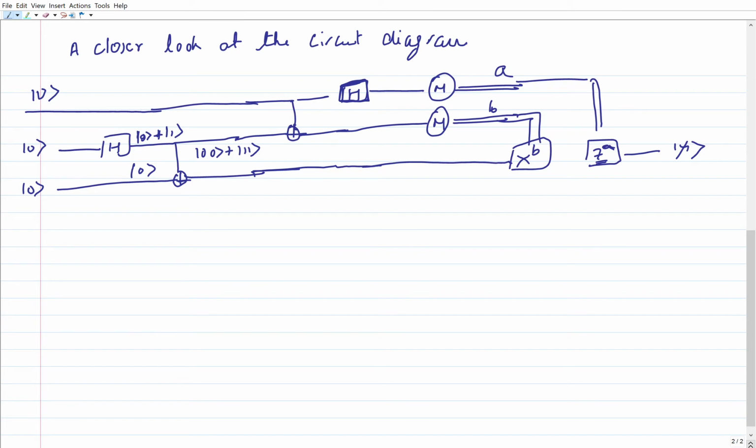So ultimately, the joint state here for the 3 qubits is alpha, given by a tensor product of V, this state, and the Bell state.